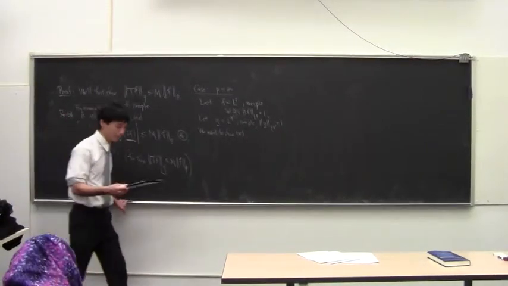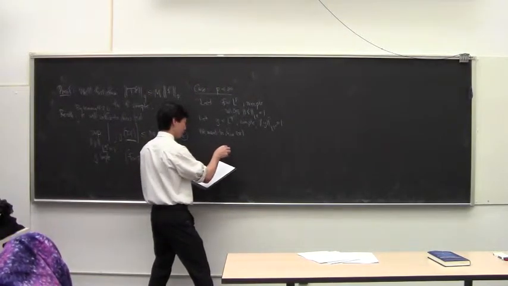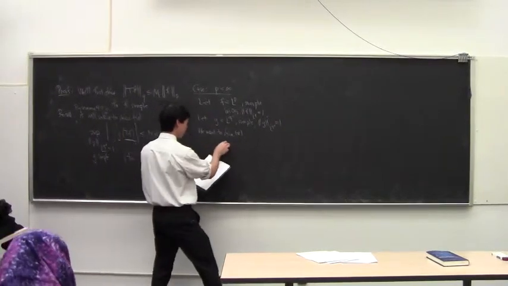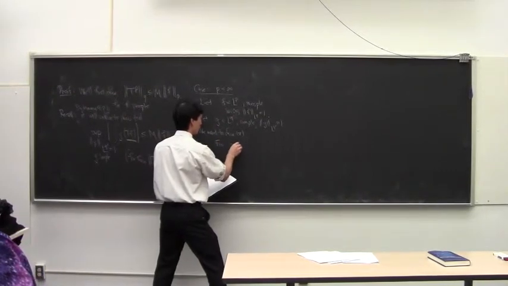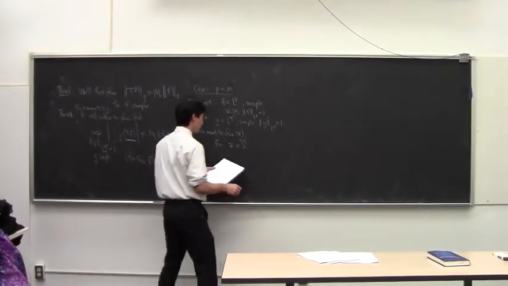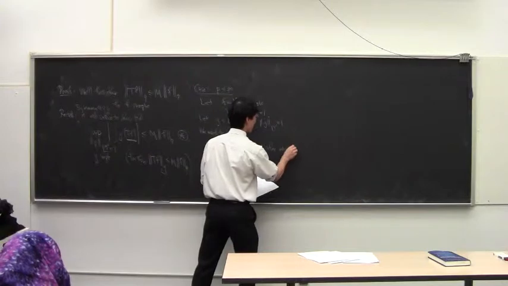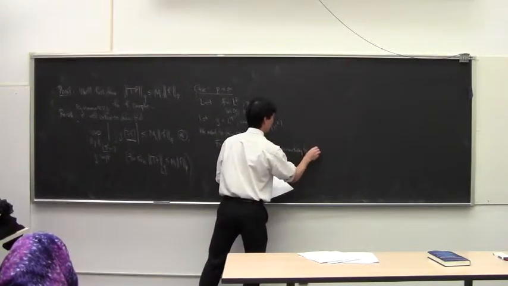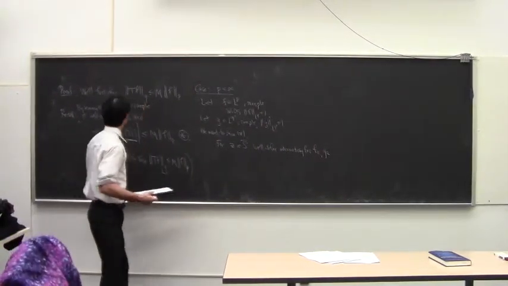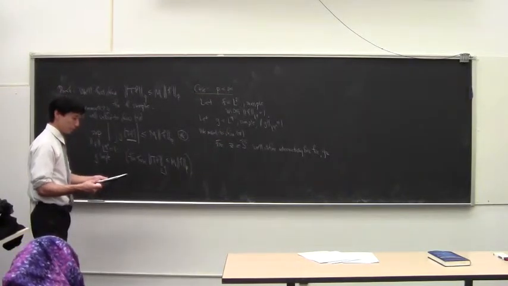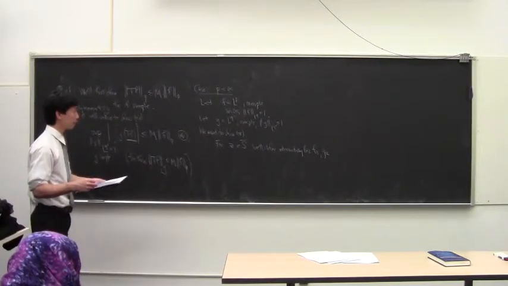Okay, so here it is. For z in S bar, we're going to define some intermediary functions, F_z and G_z.